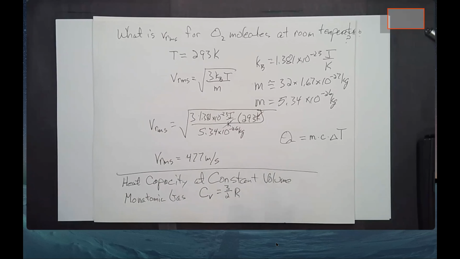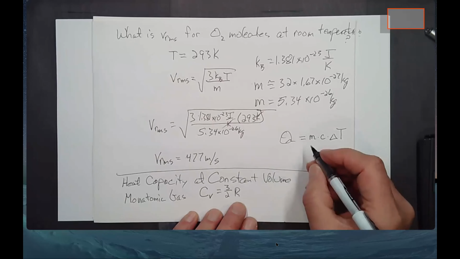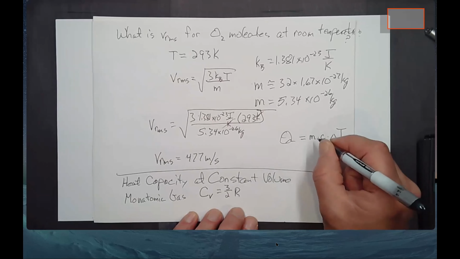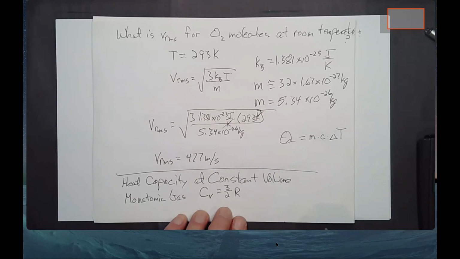When we're talking about dumping energy into a gas, we'll be more interested in counting the number of moles. In this case, the Q would equal n times C sub V times delta T.